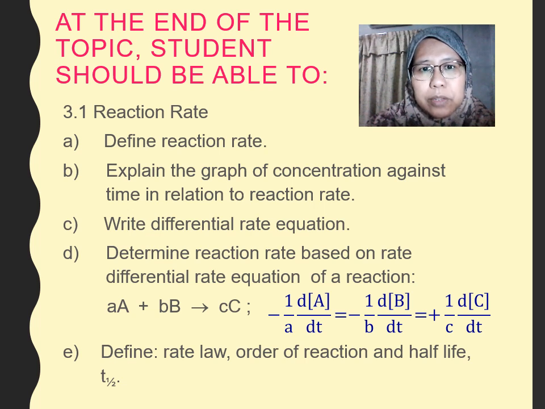We should be able to write the differential rate equation based on the reaction aA plus bB becoming cC plus dD. We will look at it later. We need to define rate law, order of reaction, and half-life.